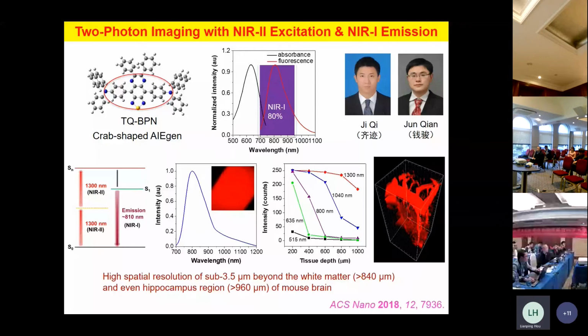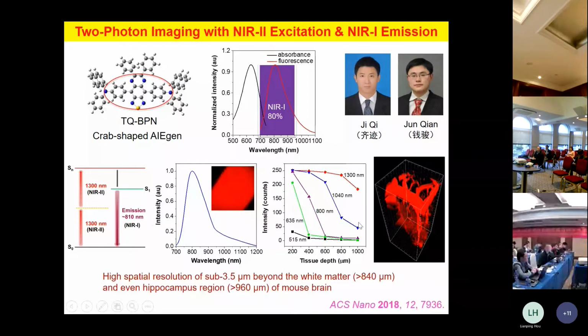So, the excitation is also very important. Here we utilize this 2-photon process. You can see we use a very long wavelength, 1,300 nanometers, to excite the AIEgen, and it will come back to emit at about 810 nanometers.